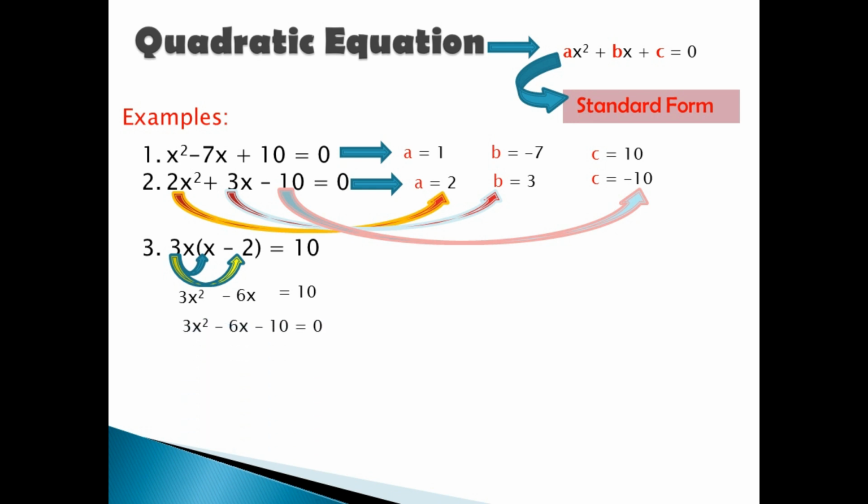In standard form, it is equivalent to 3x squared minus 6x minus 10 equals 0, where a equals 3, b equals negative 6, and c equals negative 10.